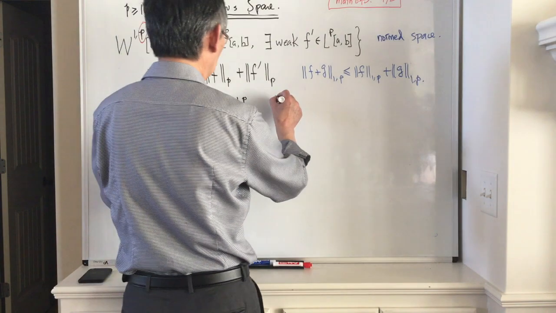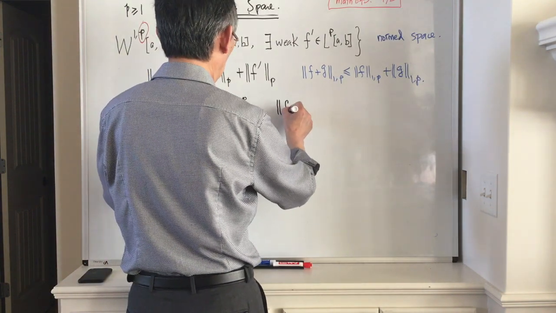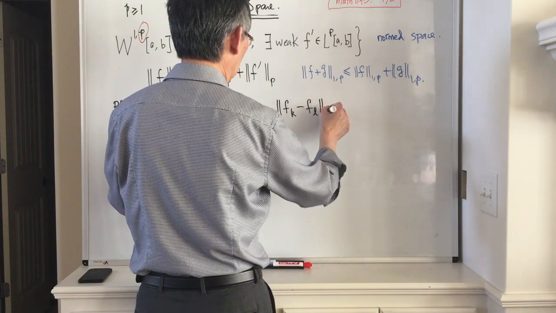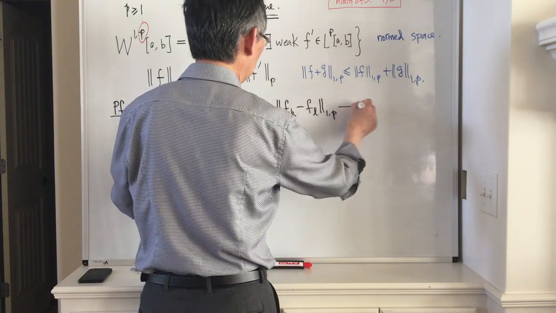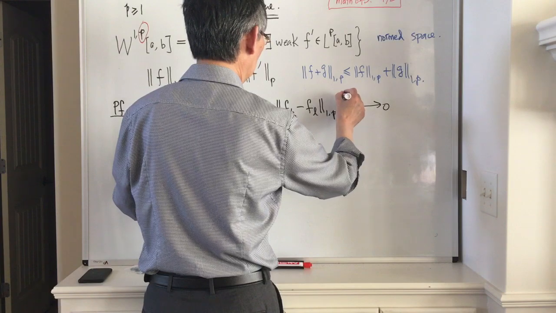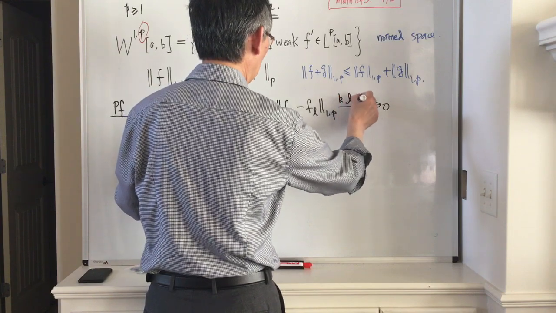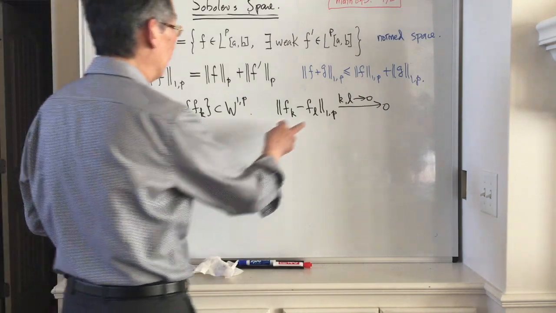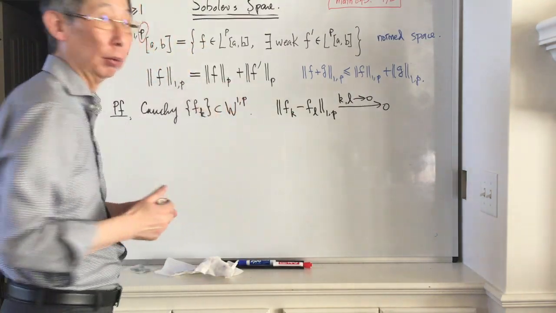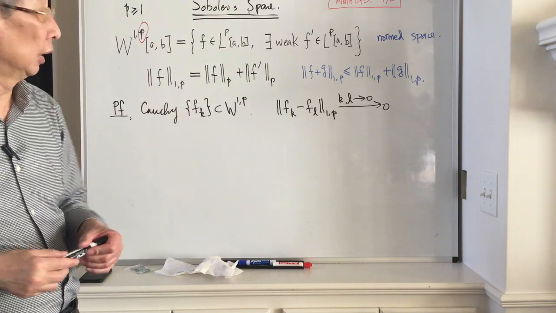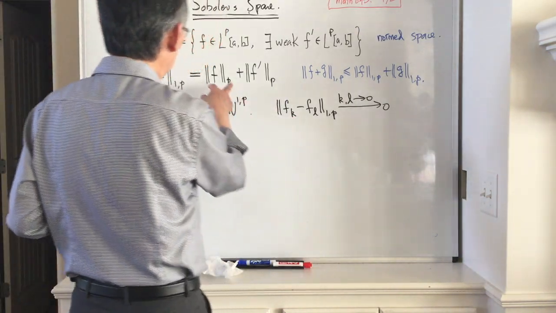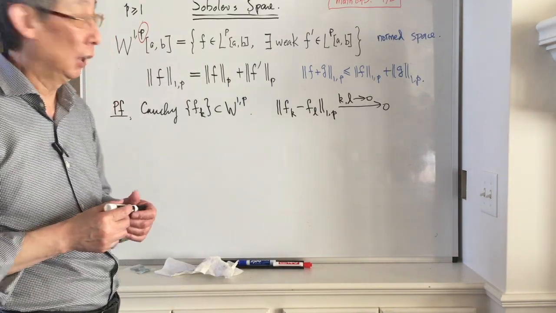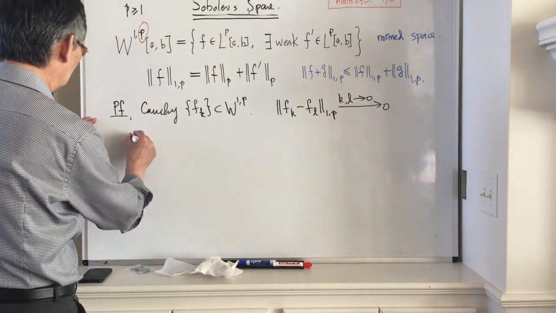It means that the distance ||f_k - f_l||_{1,p} goes to 0 when k and l both go to infinity. Now you can see that this norm, the 1,p norm, is the sum of these two individual norms. Because of this relationship, if this goes to 0, then each individual norm still goes to 0, because it's less than that, right?